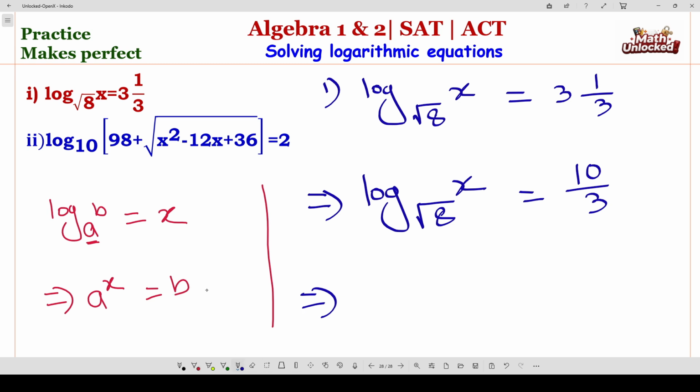If we follow this rule, suppose this is a, this is b, and this is x. Then a to the power x means root 8 to the power 10 by 3. In this case we have to find the value of x, so x equals root 8 to the power 10 divided by 3.